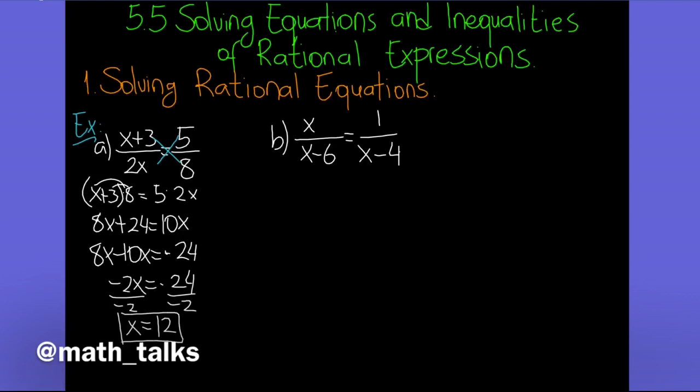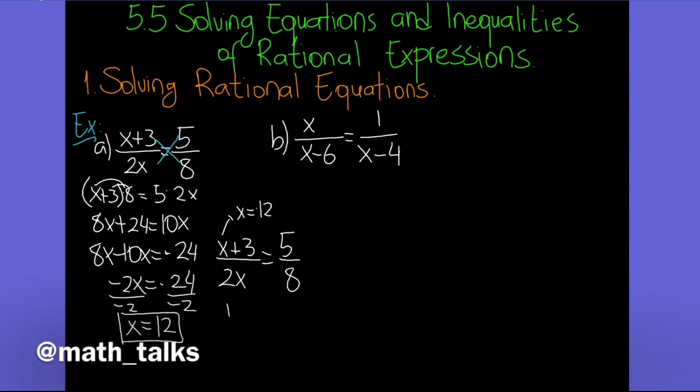Now, is it true or not? You have to check. Don't forget, you have to check with the first given rational expression. So (x plus 3) over 2x equals 5 over 8. Now instead of x we put 12.